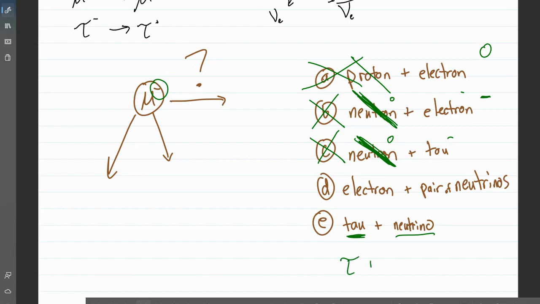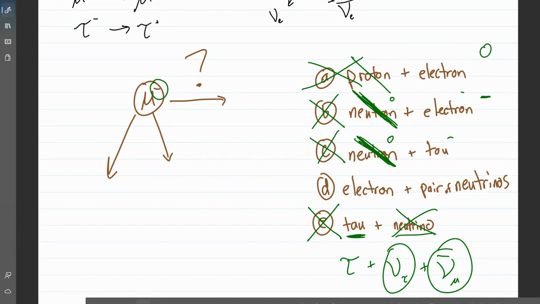But when we destroy this muon we're looking at for the whole problem, that means we would be creating an anti-muon neutrino. So we'd be getting two neutrinos, one to go with the tau particle and one to go with the muon. So we can't just be one neutrino. It has to be two neutrinos.